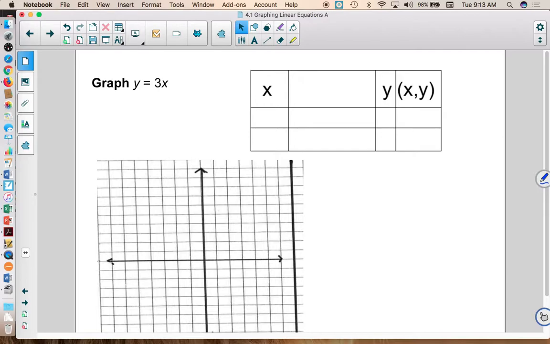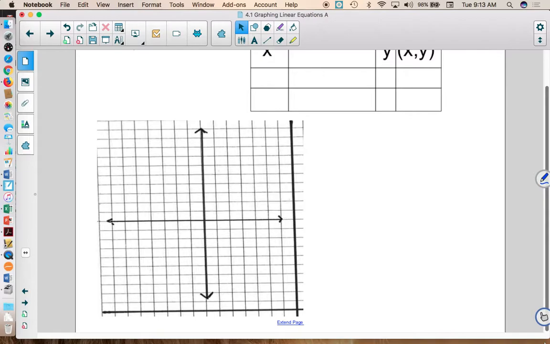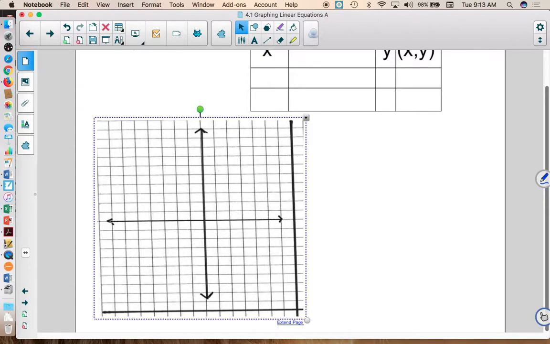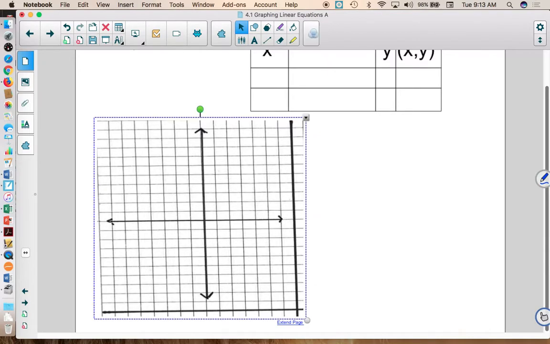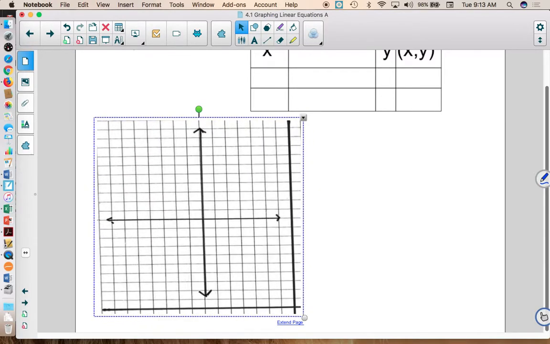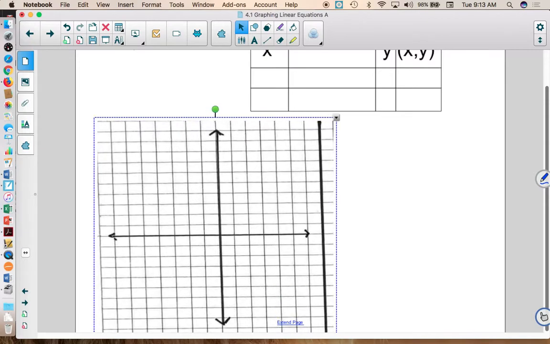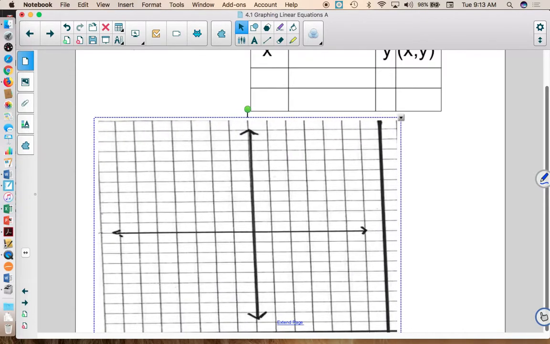One thing I've noticed, let me see if I can get this bigger. Got it bigger.